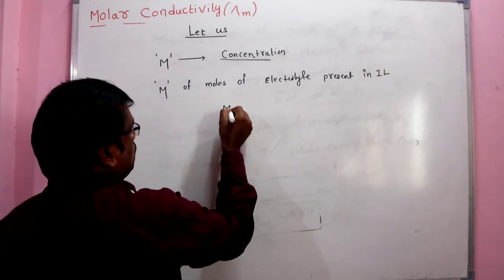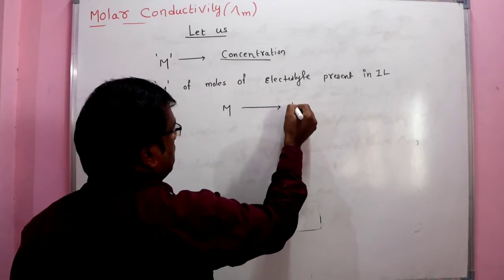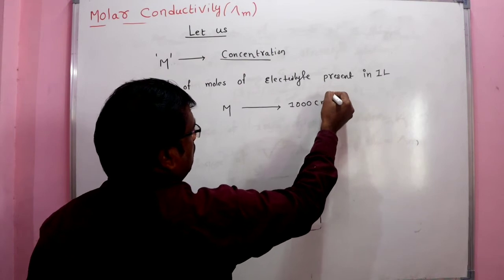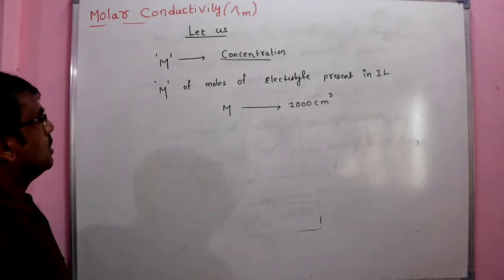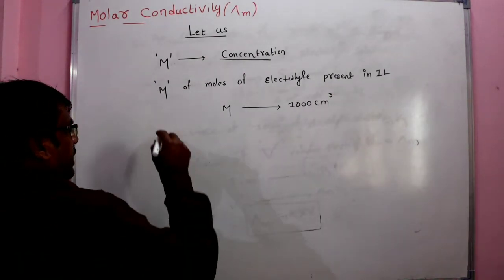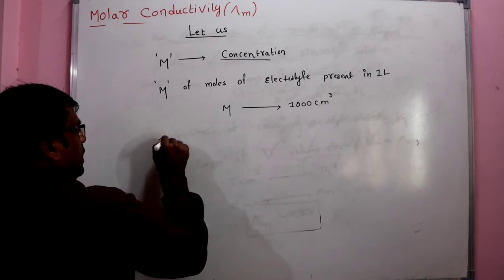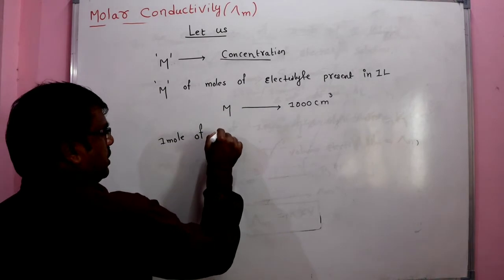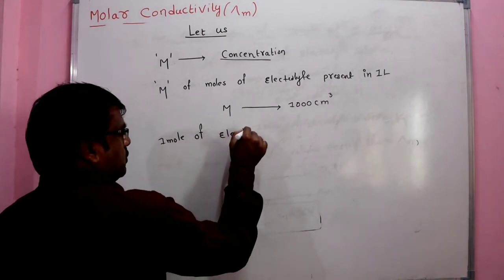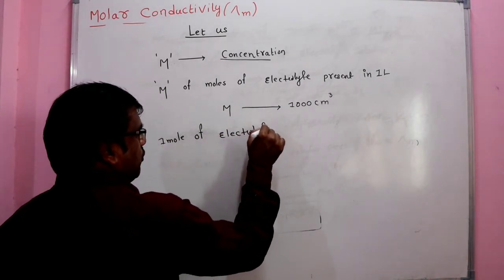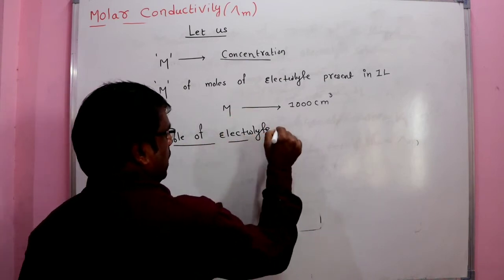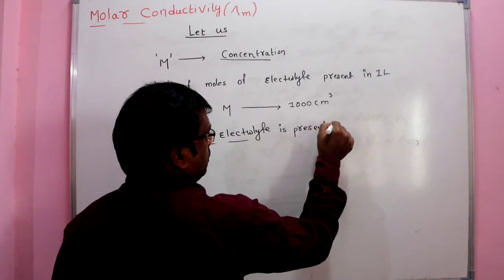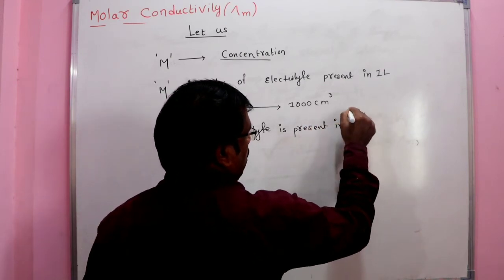So M moles are there in 1 liter. 1 liter is nothing but 1000 ml or 1000 centimeter cube. We know that. Now actually 1 mole of electrolyte is present in V volume.